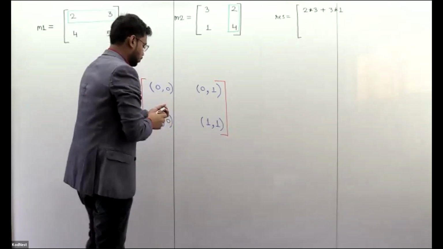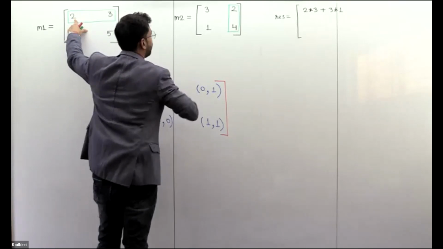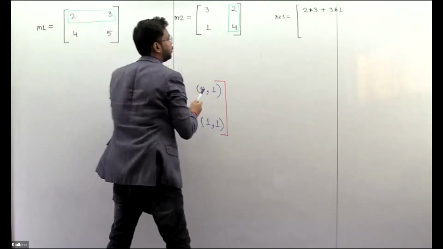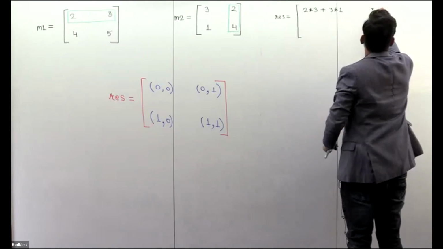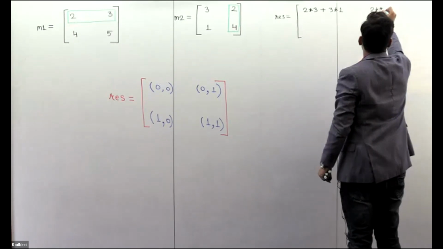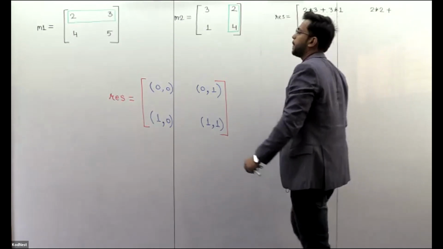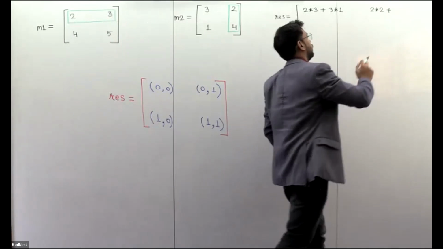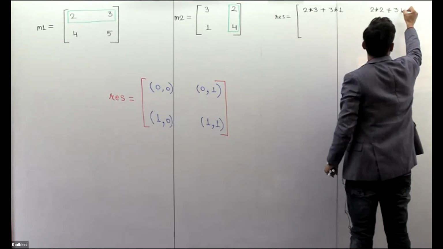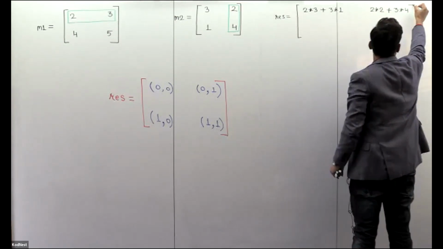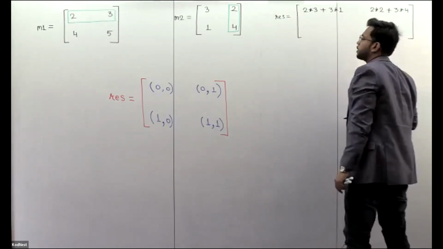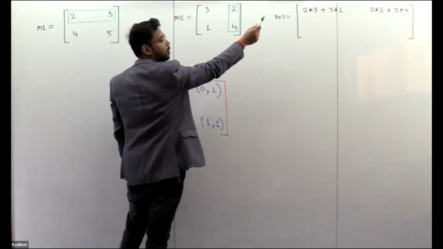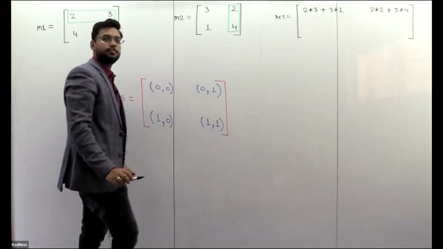Let us multiply now. 0, 0 with 0, 1, so 2 multiplied by 2, I will write here, this is 2 multiplied by 2 plus 3 multiplied by 4. This is your 0, 1 element you will get if you solve that.